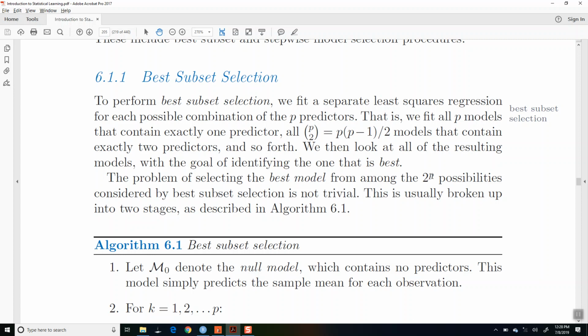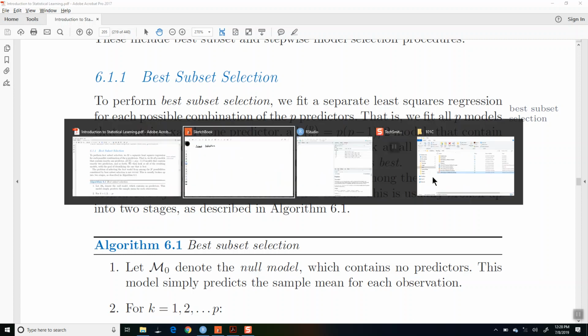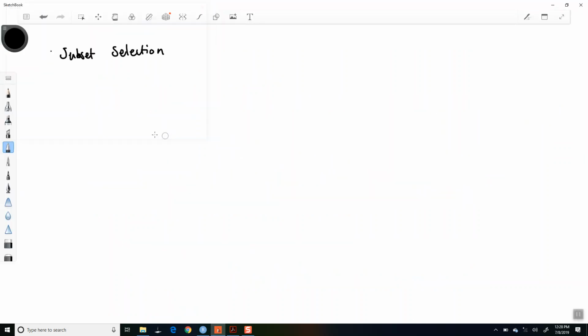So you'll have 1, 2, 3, 4 all included. And then 1, 2, 3, and then 1, 2, 4, and then 1, 3, 4, and then 2, 3, 4. And then you do choose 2: 1, 2, 1, 3, 1, 4, 2, 3, 2, 4, 3, 4. There are a lot of these, right? So you're going to have 2 to the p possible models, okay?